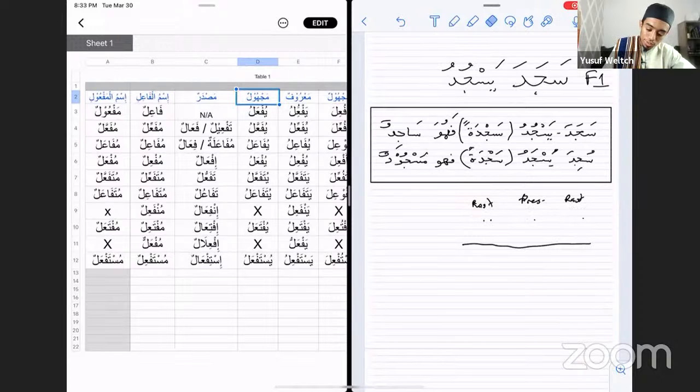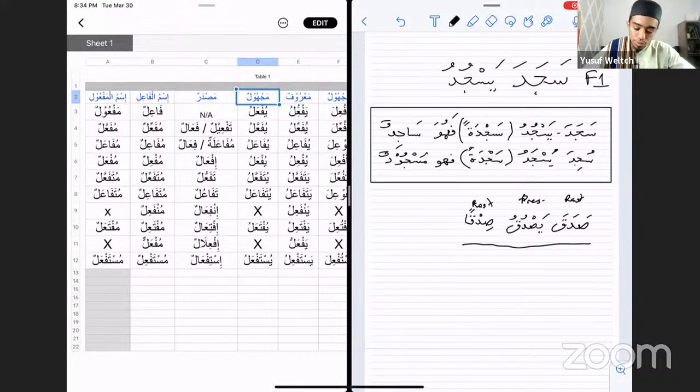I'll give a different word. Let's say صدق، يصدق، صدقا. It means to tell the truth. Right?